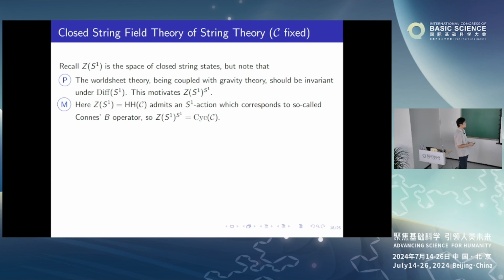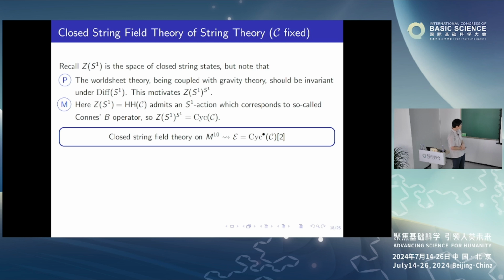Mathematicians have also considered S^1 invariance for different reasons, and that is what is known as cyclic cochains or cohomology, or chains or homology. They are identified because things are Calabi-Yau. Anyway, the upshot is that when physicist friends say closed string field theory, you may think of this cyclic homology.